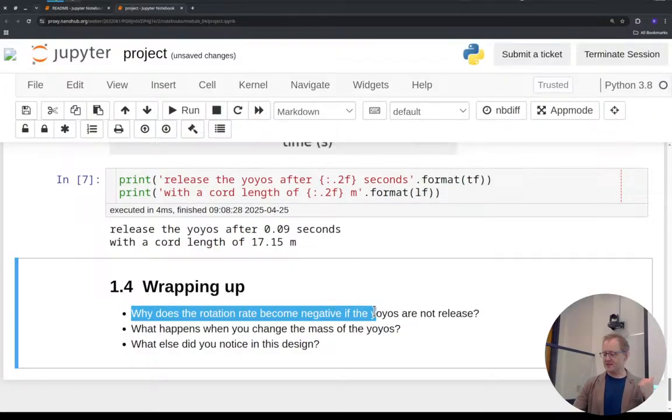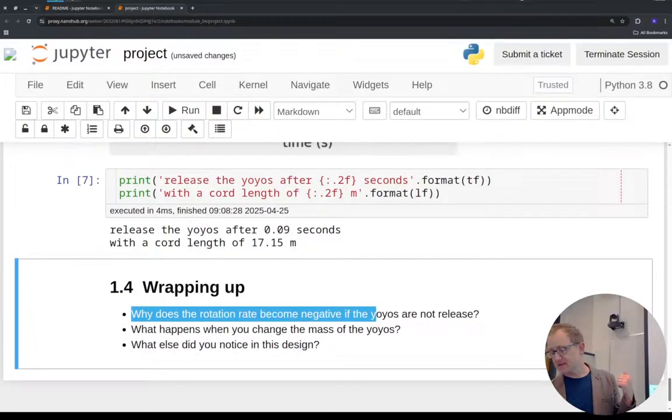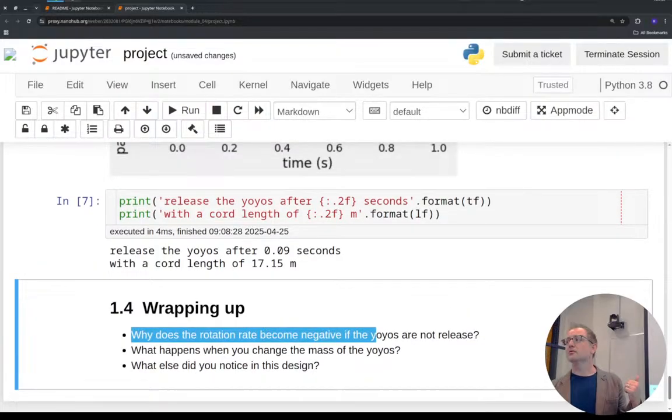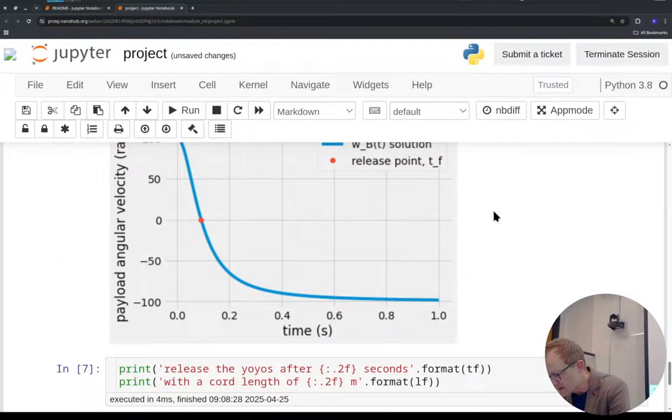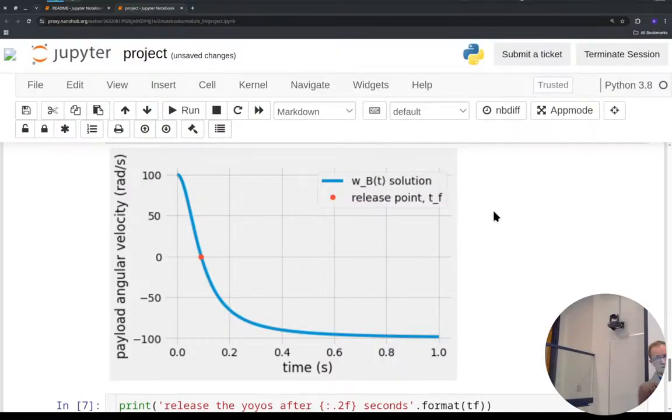But in this case, if I say, all right, I need 17.1 meters, let me throw 20 meters of cord on there, then what ends up happening is, I was spinning at 100 radians per second, and now, because I added extra cord, I'm spinning at negative 50 radians per second. Why is that happening? If my cord is too long, why does it spin my spaceship, my payload, backwards?